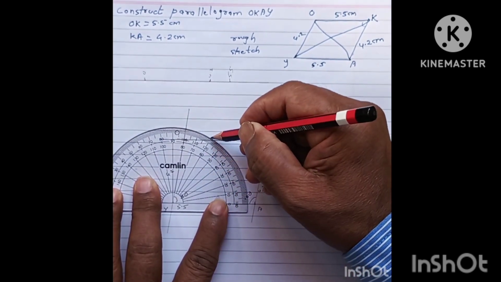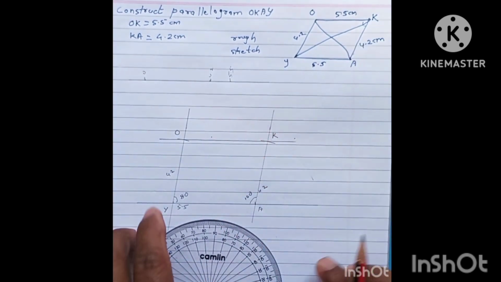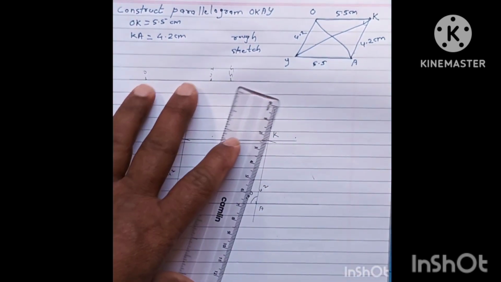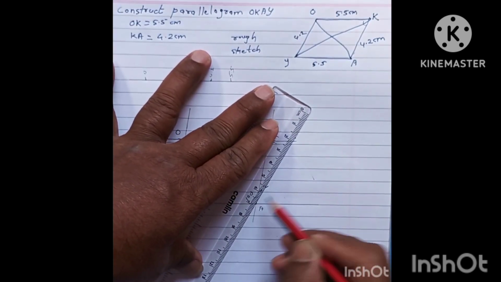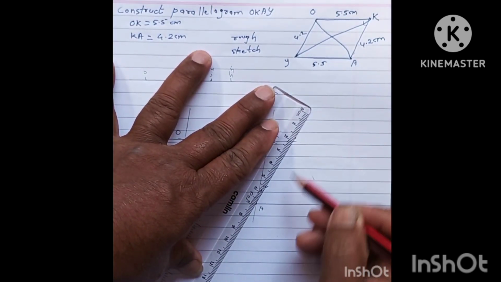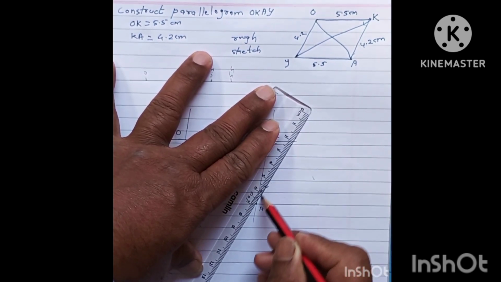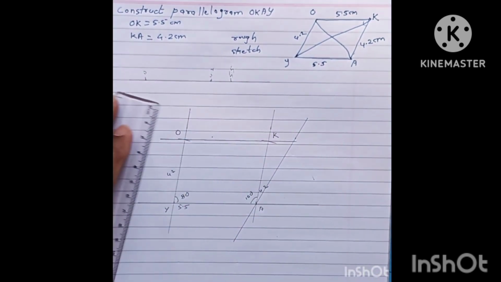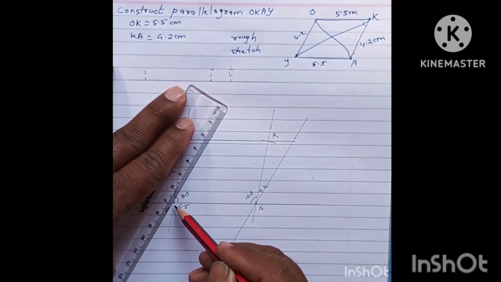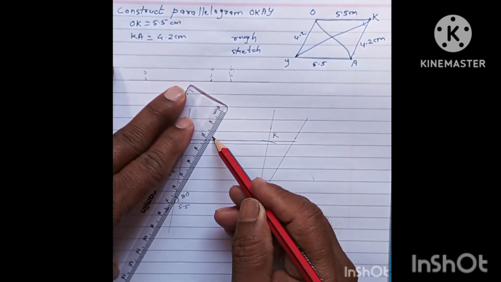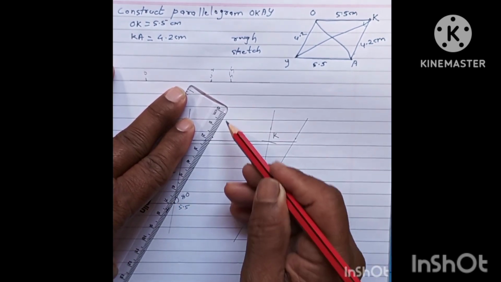Now joining these two points with A and Y as joined earlier, because on these two lines O and K lie, as we have seen, from the base points Y and A respectively.